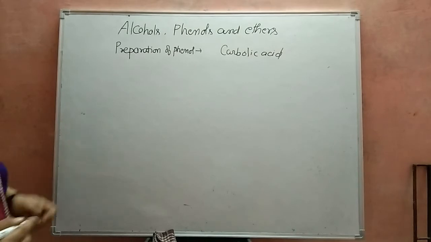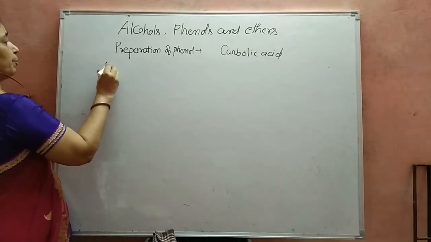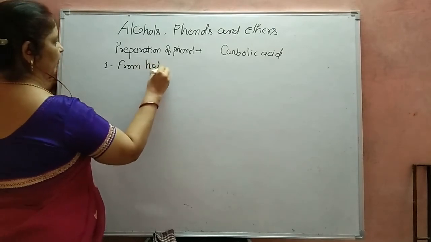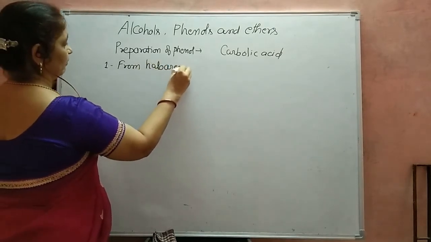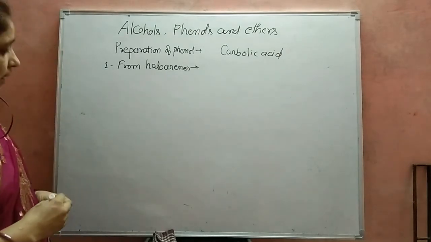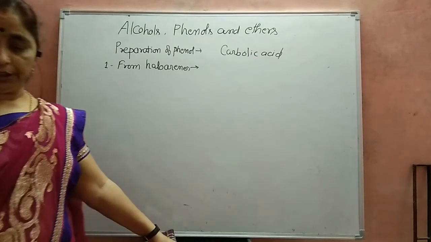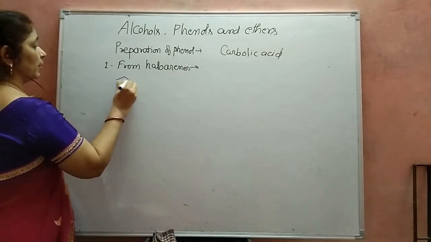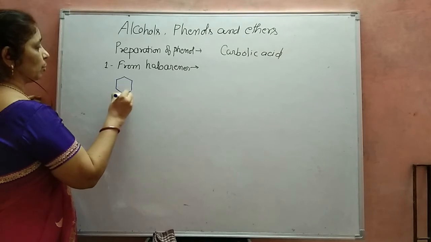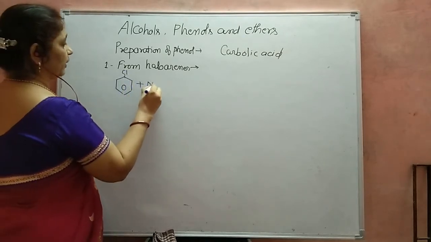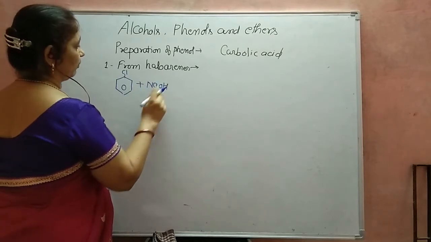Now phenol is prepared by some methods, first from haloarenes. We discussed in the first chapter, haloalkanes and haloarenes, that suppose this is chlorobenzene, and it reacts with NaOH.